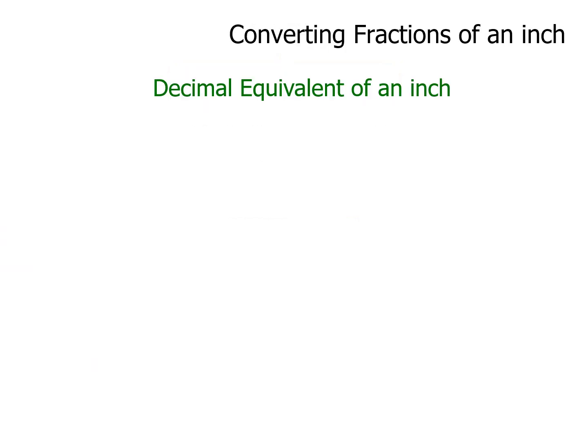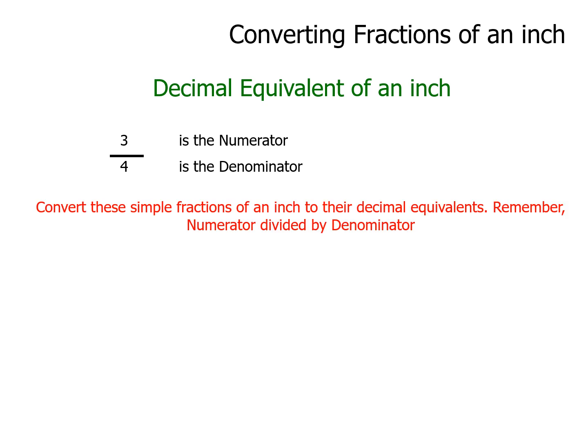So when we look at the decimal equivalents right here, again, we take the numerator and divide it by its denominator. The numerator divided by its denominator will convert the fraction into a decimal. So 3/4 of an inch, 3 divided by 4, is 0.75.